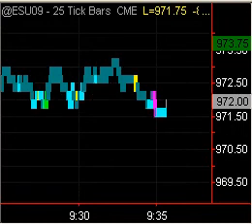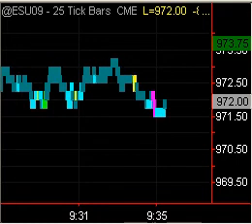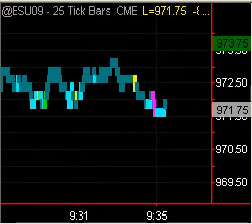By the way, we didn't mention this at the beginning, but as you can see, we're charting on a 25 tick bar. The data that we're feeding to this 25 tick bar chart is coming from other charts.